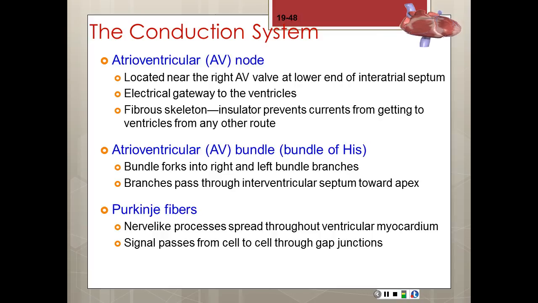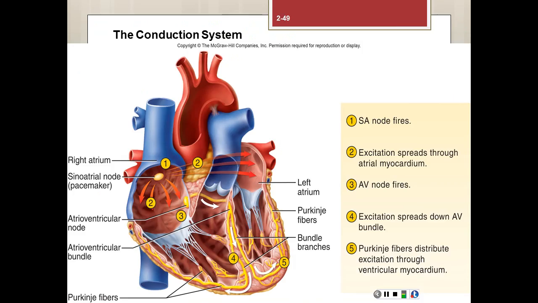The Purkinje fibers, nerve-like processes, spread upward throughout the ventricular myocardium and distribute the electrical excitation to cardiocytes of the ventricles. Now, when the Purkinje fibers have delivered the signals, the cardiocytes themselves perpetuate it by passing ion flows from cell to cell via those gap junctions.